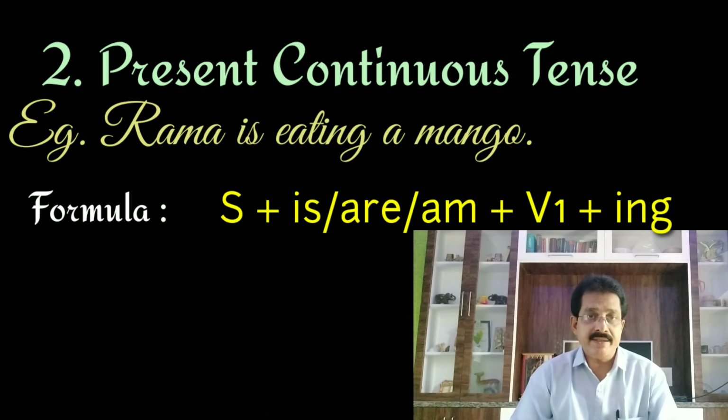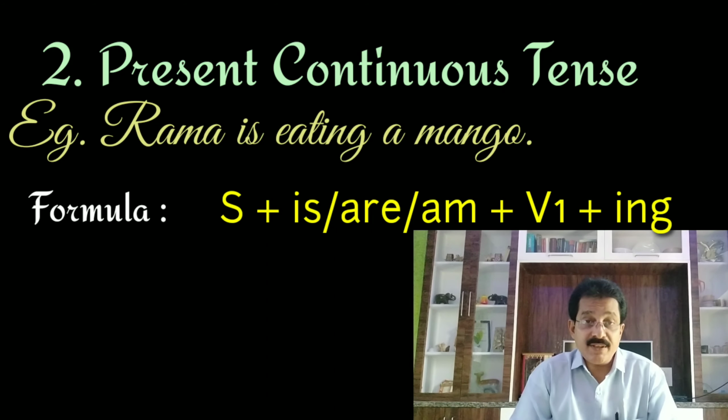So Rama is, Rama subject, is auxiliary verb, eat V1, then continuous form we have to always add ing. So this is the structure: subject plus is or are or am, one of them you have to use, not all the three together, plus V1, that is verb in the present form, plus ing form.